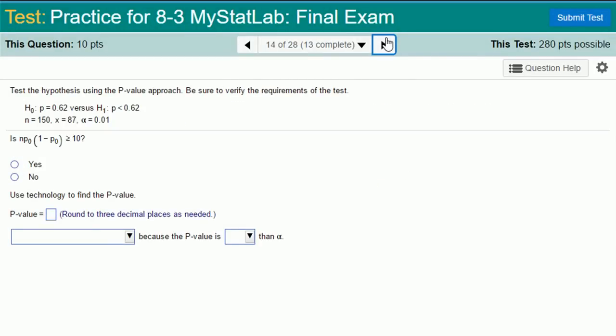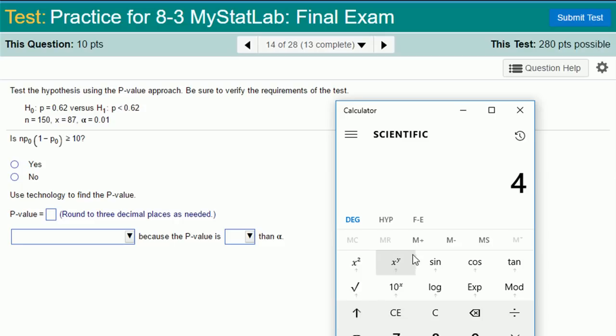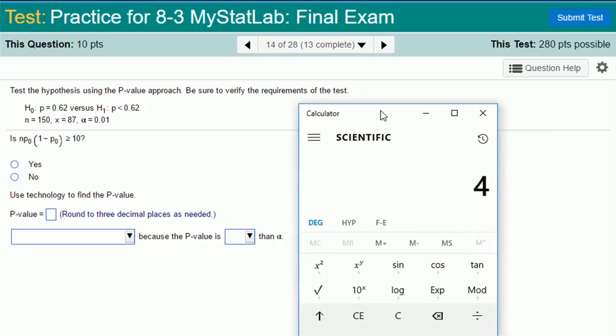Test a hypothesis using a p-value approach. Be sure to verify the requirements of the test. So the first requirement we need to check is given to us very straightforwardly. We want to know whether or not the sample size is big enough for the central limit theorem to apply.